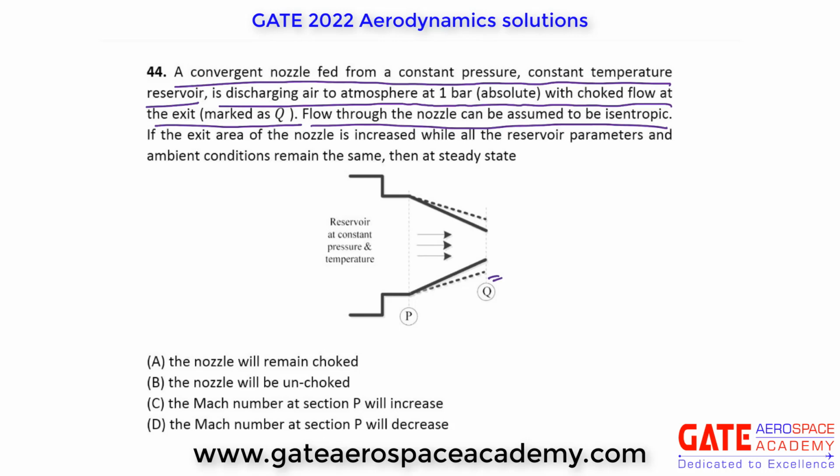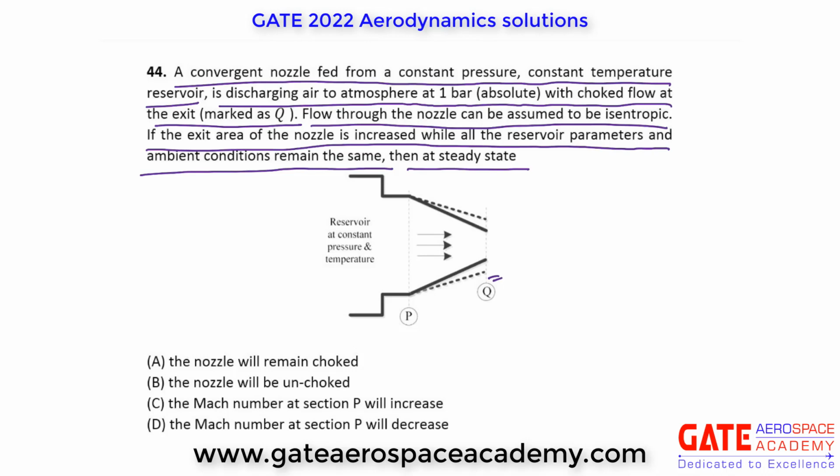If the exit area of the nozzle is increased while all the reservoir parameters and ambient conditions remain the same, then at steady state: option A, the nozzle will remain choked. Option B, the nozzle will be unchoked. Option C, the Mach number at section P will increase. Option D, the Mach number at section P will decrease.